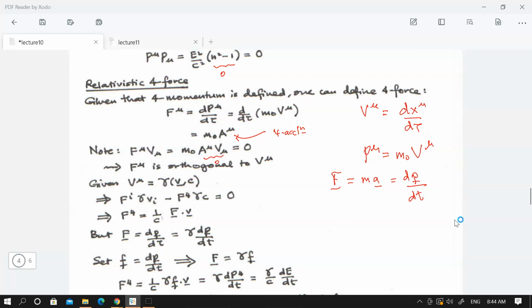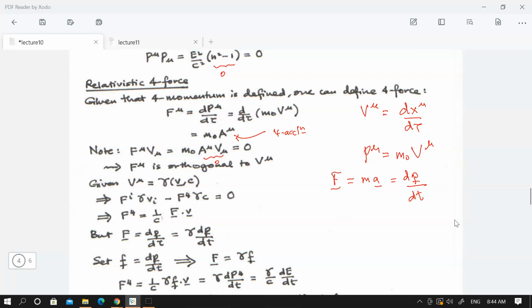Your f i v i, you can rewrite, since f i is the three-dimensional components of your force and v i is the three-dimensional components of your velocity, as f dot v.